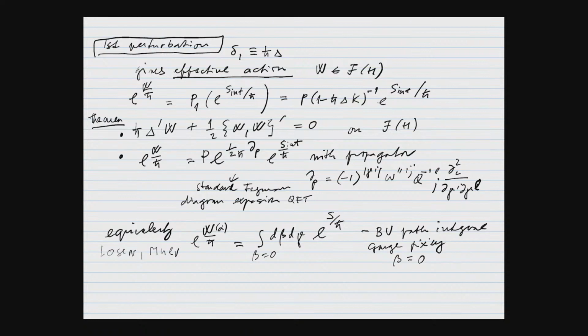And what you get is obviously a function in the cohomology, and, well, a little work shows that it can be written again as an exponential of some W, a function on the cohomology.